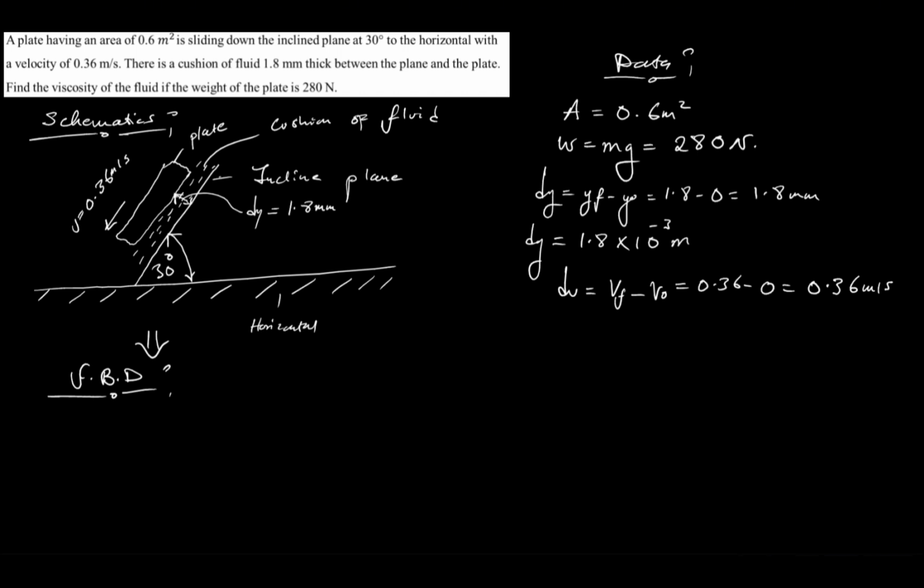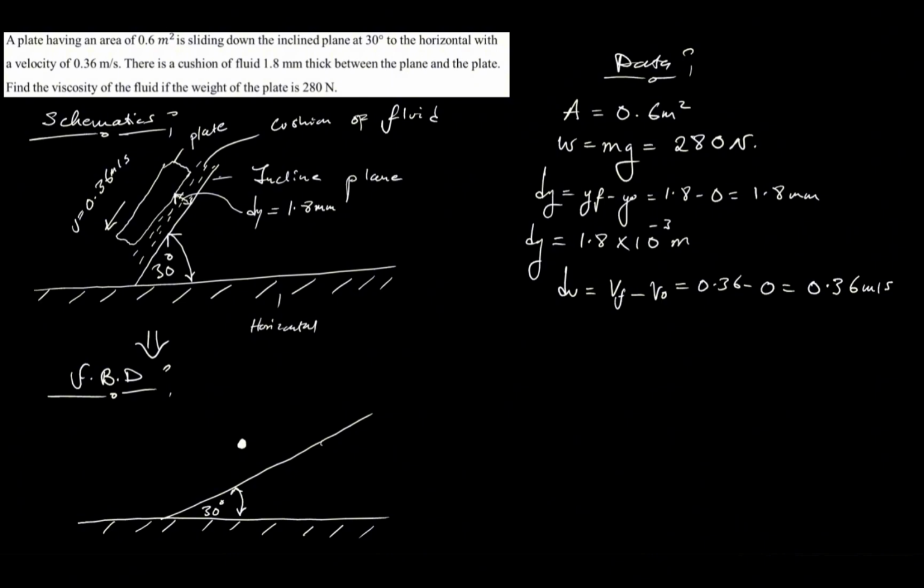Every time we have an incline, this is our horizontal. So if we have an incline in this case or this manner, and we have, let's idealize the plate as just a dot symbolizing a particle that is in motion. So we know the angle here is 30 degrees.